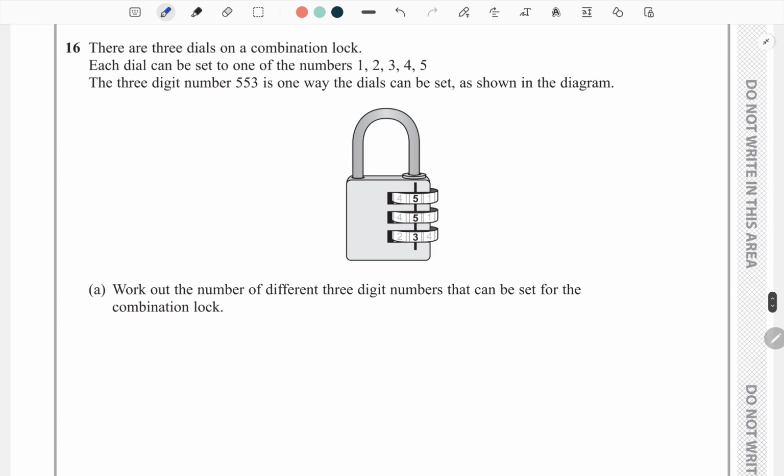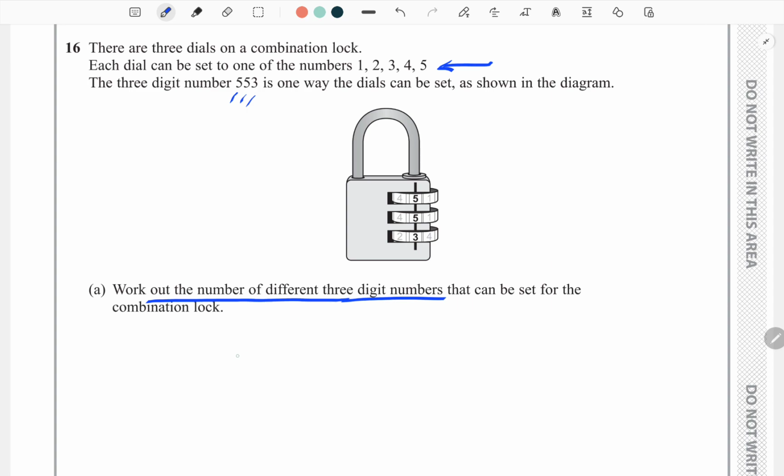3 dials on a combination lock, and the numbers can be 1, 2, 3, 4, and 5. You can see there the 3-digit number 553 is, for example, set, so you can repeat the numbers here. Each one can hold any of those 5 values. So what it's saying, work out the number of different 3-digit numbers that can be set for the combination lock.